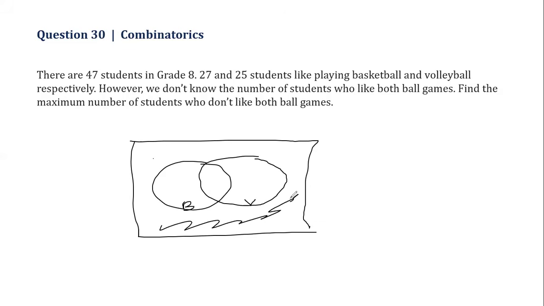We know that there are 47 students in total, 27 students who like basketball and 25 who like volleyball. But we don't know the value in the intersection and the value outside.